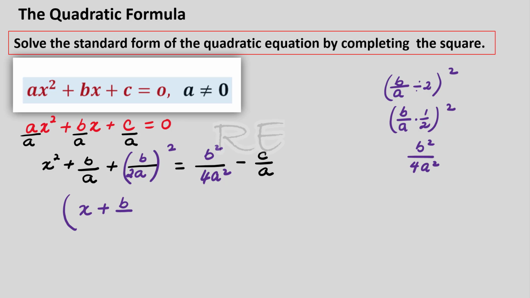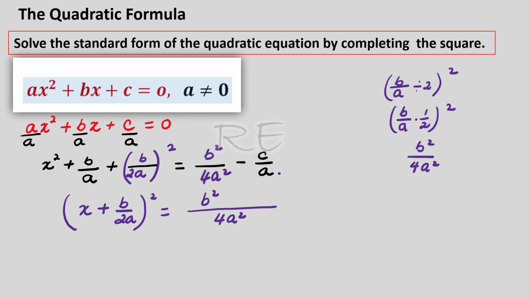The left side becomes x plus b over 2a squared, and on the right side, the common denominator, the lowest common denominator, is 4a squared.